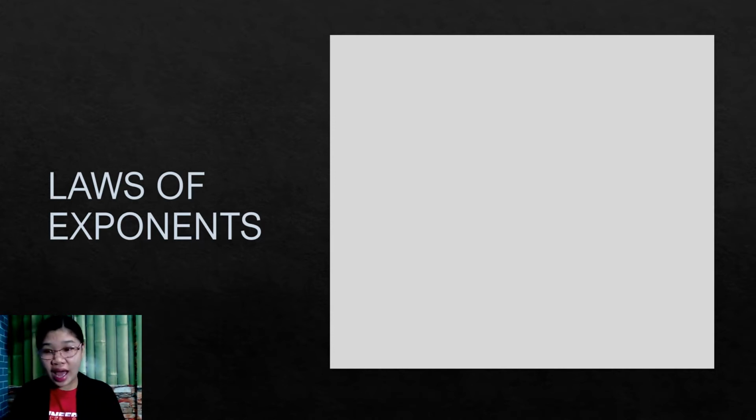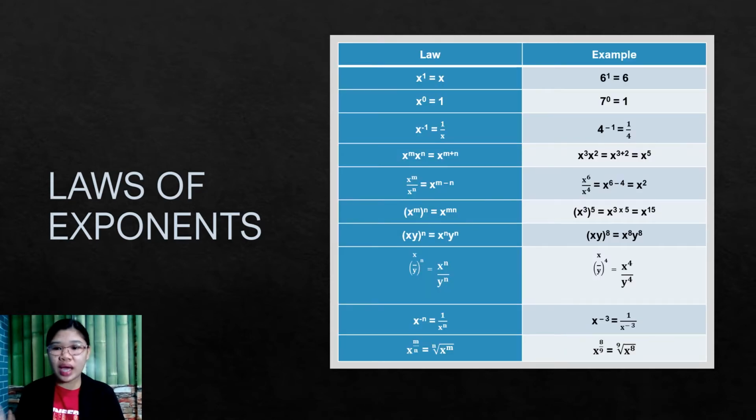Here we have a table containing more examples and laws with regards to laws of exponents. For the first example, we have x raised to 1 is equal to x, wherein if a number or a variable is raised to 1, that means it will remain the same.